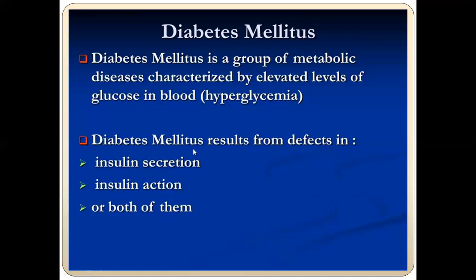And diabetes mellitus results from defects in insulin secretion, insulin action, or both of them. In our pancreas, secretion of insulin is less. Then as a result, what happens? We have more blood sugar concentration in our blood, and as a result, we have a diabetic patient.